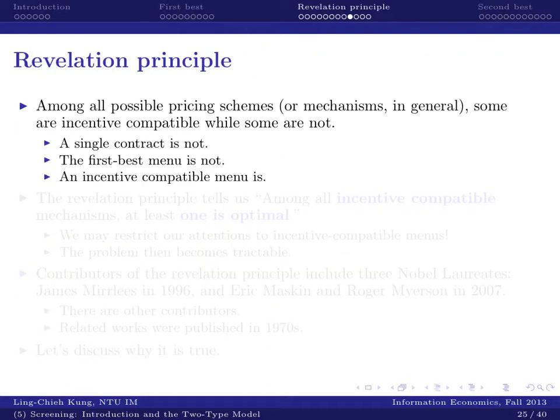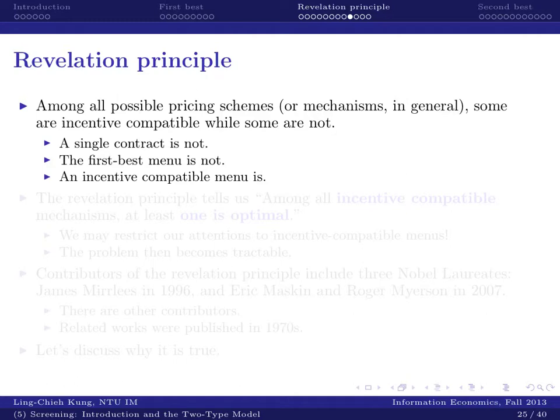So we know there are a lot of possible pricing schemes or mechanisms, and some are incentive compatible, some are not. For example, if you offer a single contract, that's not. Or if you offer the first best menu, it's also not. Because in these two cases, the two different consumers will make the same action or the same decision.